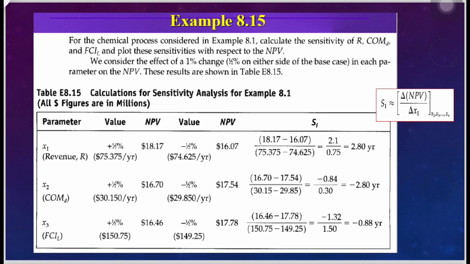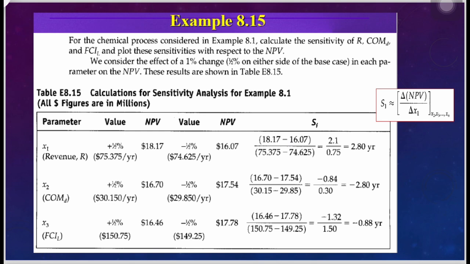As you can see here, for revenue at plus 1/2%, the NPV is 18.17, and at negative 1/2%, the NPV is 16. So we have the S1 of 2.8.